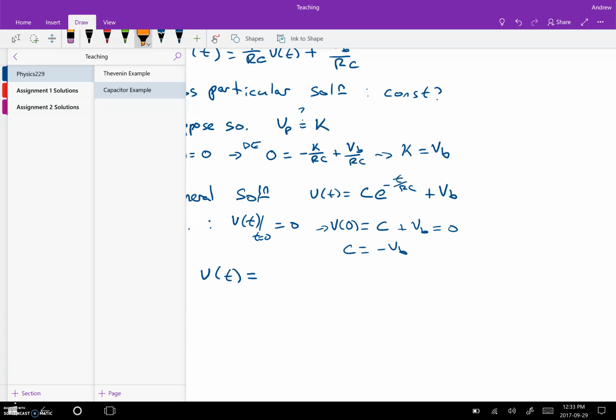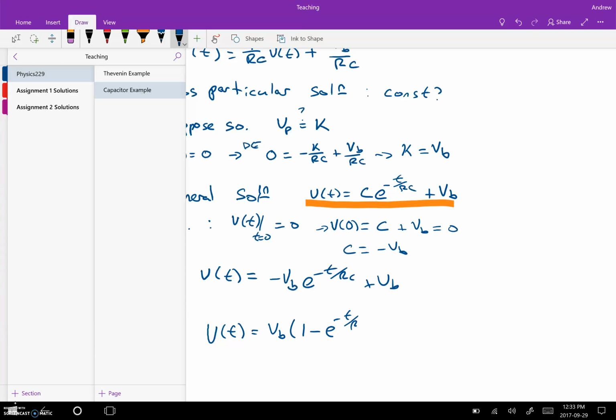So using our general solution, V of t is equal to minus VB e to the minus t over RC plus VB, or V of t is equal to VB times 1 minus e to the minus t over RC.